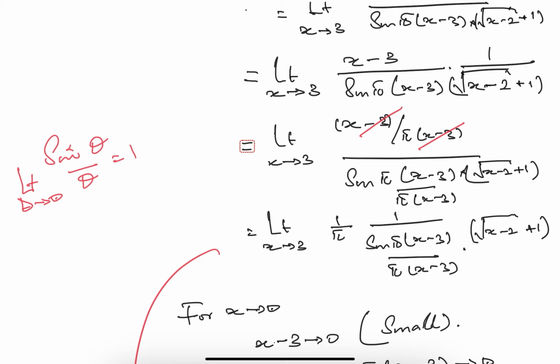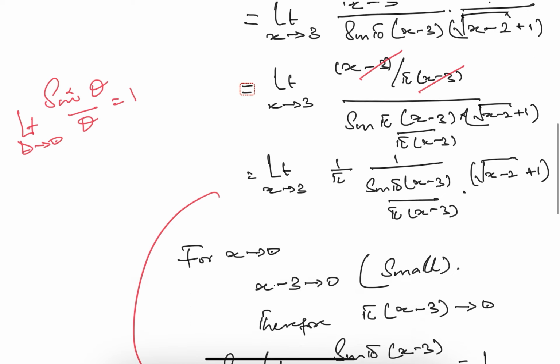The numerator becomes (x minus 3) divided by pi times (x minus 3), and the denominator becomes sine of pi times (x minus 3) divided by pi times (x minus 3), and the square root of (x minus 2) plus 1 is still there.